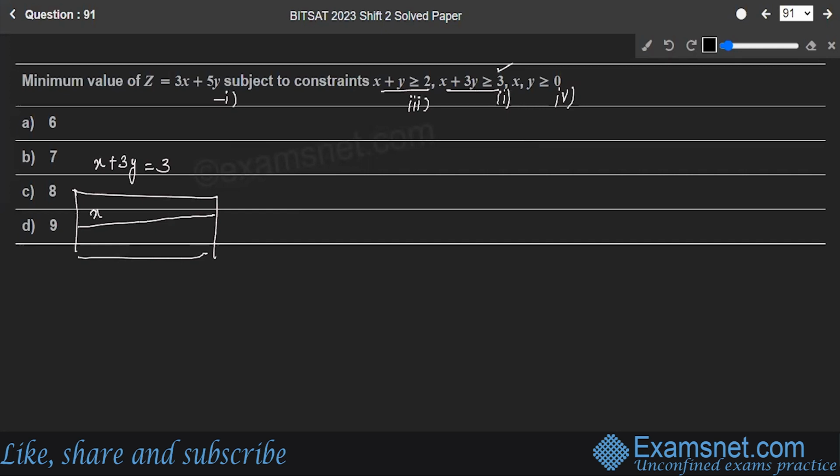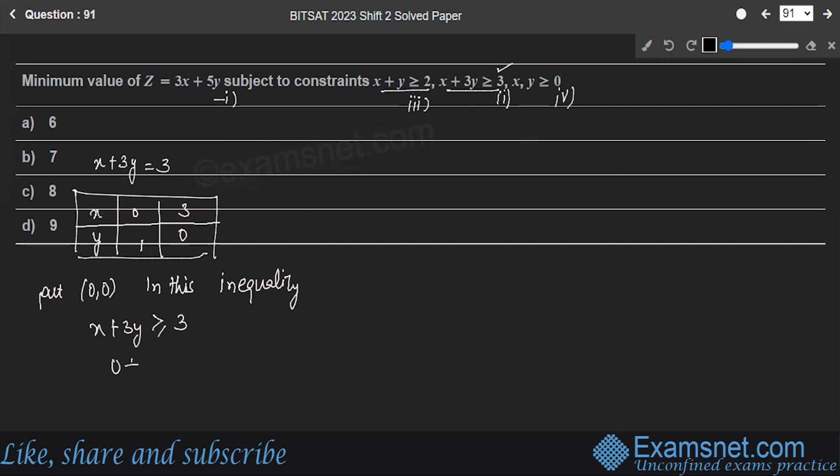Let's have the two values for x and y. If I'm putting x is equal to 0, you will have y as 1. And if I'm putting y is equal to 0, you'll find x is equal to 3. Now if I put the origin, that is 0, 0 in this inequality x plus 3y greater than or equal to 3, you have 0 plus 3 into 0, that is 0 greater than or equal to 3, which is false.